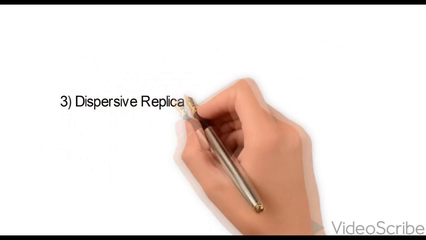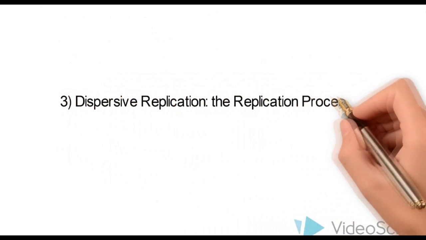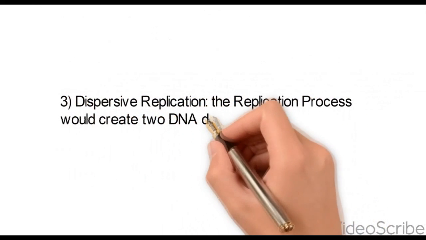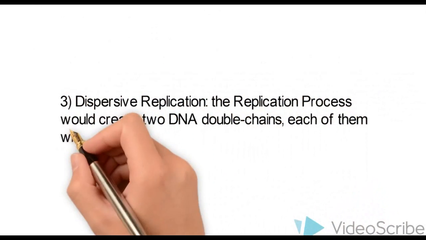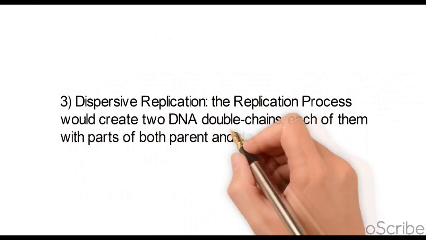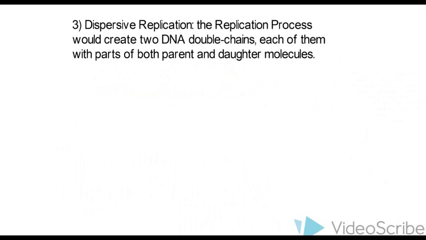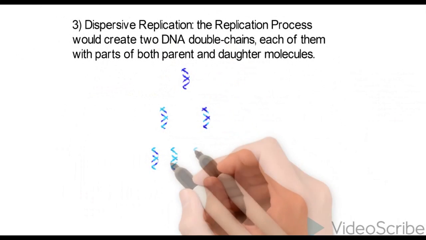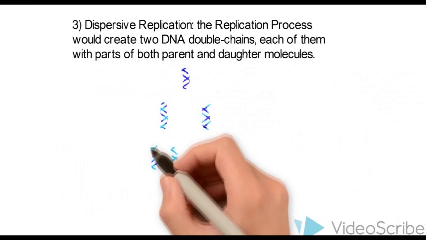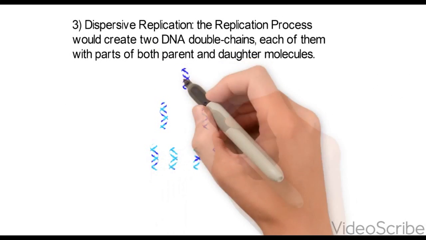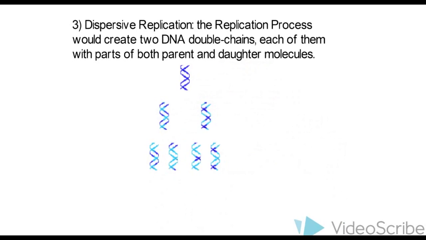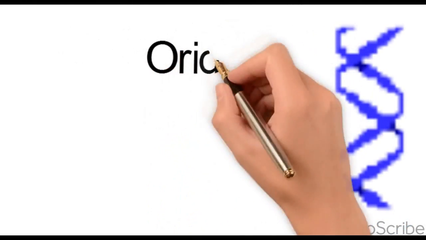And the last one is dispersive replication. Dispersive replication is a replication process which creates two DNA double chains, each of which has parts of both parent and daughter molecules. So here you see a diagram of dispersive replication. The first is the original parent strand.